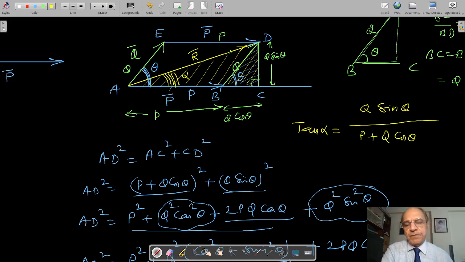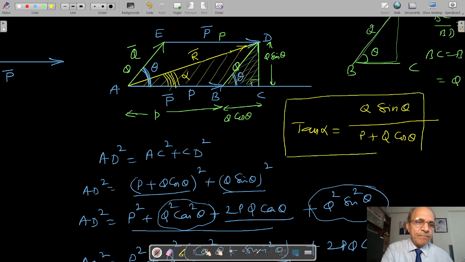Okay, so from here we can calculate alpha. We know tan alpha because P and Q are known to us and theta is also known to us. Therefore, we can find their ratio. That means we know tan alpha and therefore we know alpha.